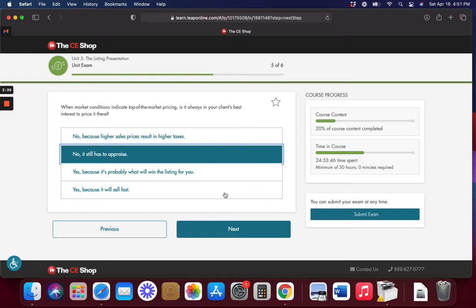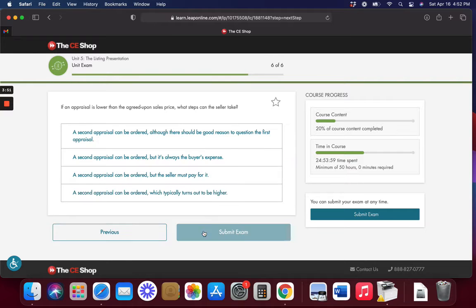Not necessarily. You don't want to go top price because you're going to get more commission. You don't want to go top price because it's going to win the listing for you. You want to be realistic here.